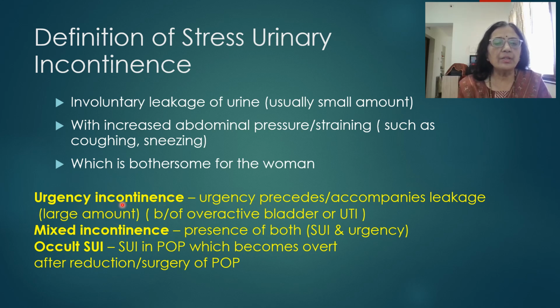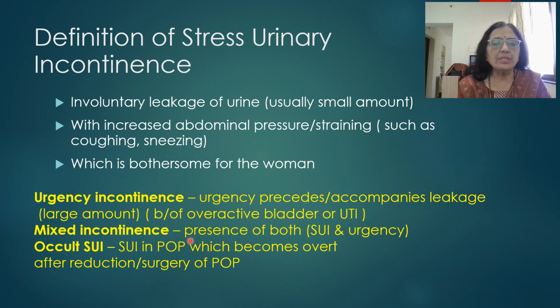In urgency incontinence, usually the urine which is passed is in large amount as compared to SUI, or stress urinary incontinence, and urgency incontinence is usually because of overactive bladder, or sometimes it can get aggravated by urinary tract infection.